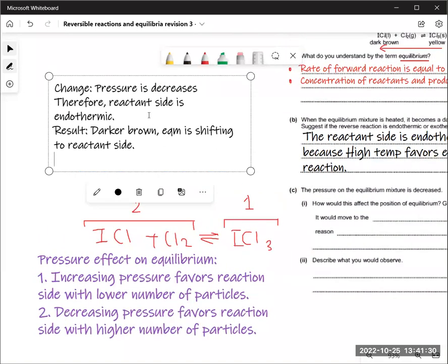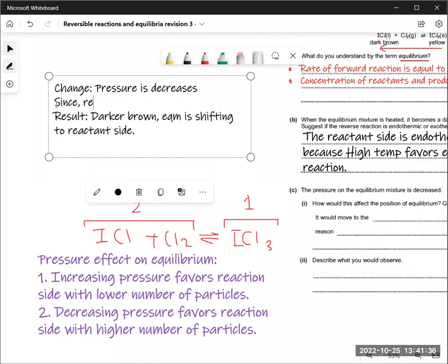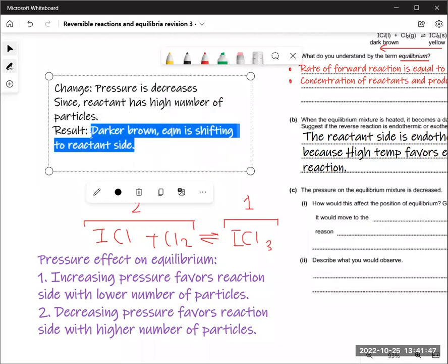Reactant. Reactant. So I'll just write here, since the reactant has a higher number of particles, what will the result be?